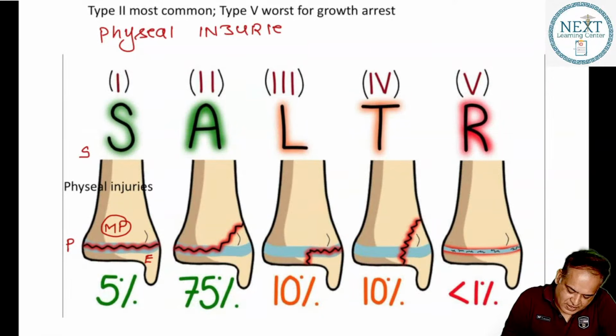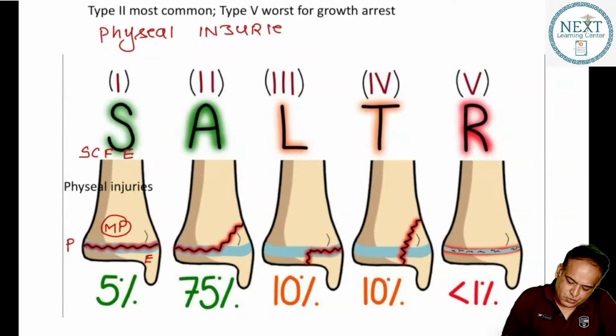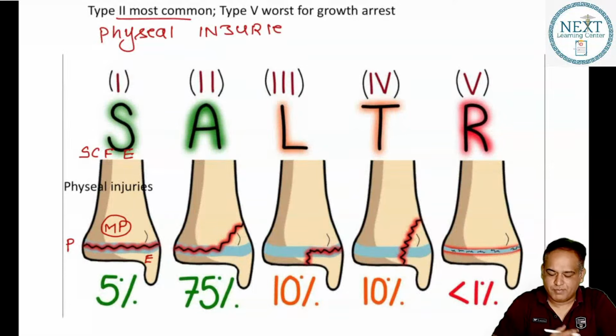So this is very similar to slipped capital femoral epiphysis. Type 1 Salter-Harris classification is very similar to slipped capital femoral epiphysis. Fine. Type 2 is the most common.